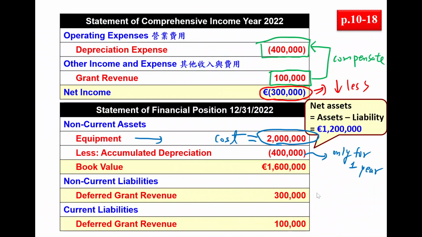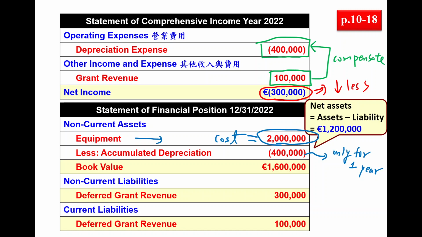So that's right. Here, current liabilities, $100,000. The others, more than 1 year, we have to report on non-current liabilities.